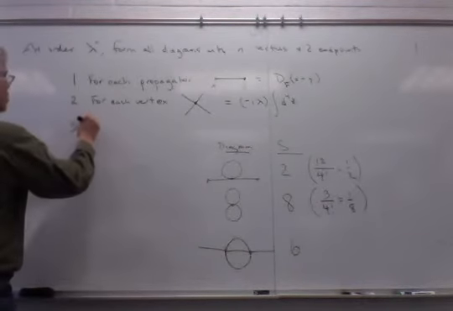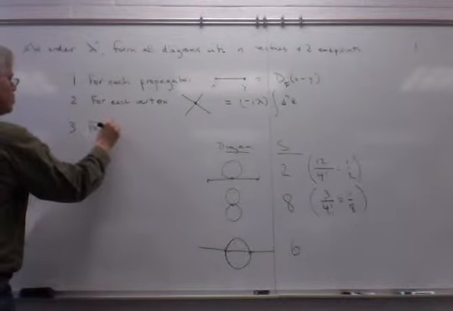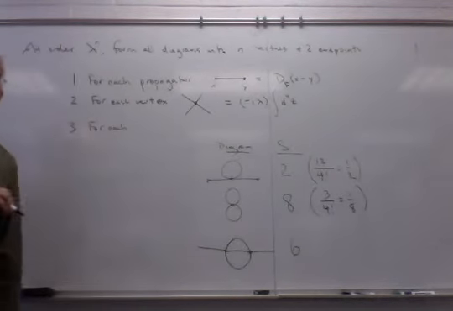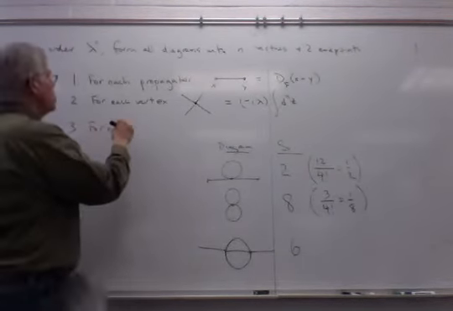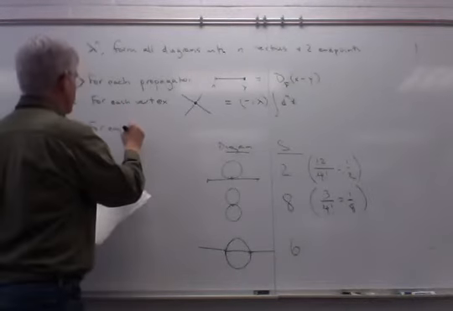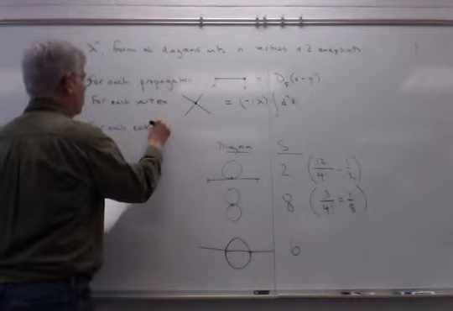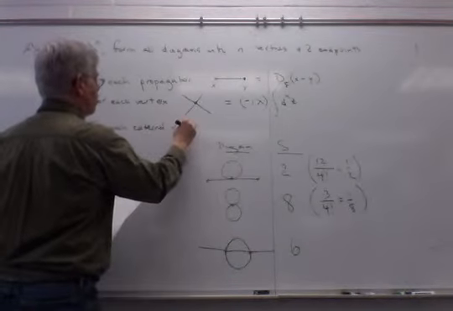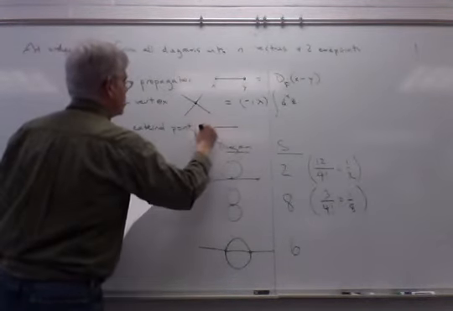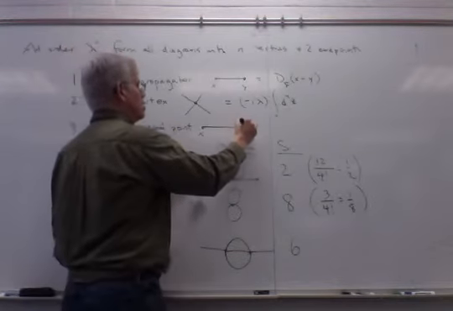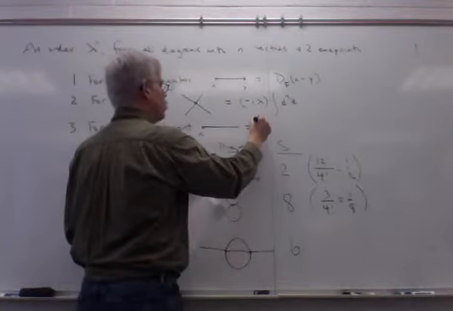For each, this is kind of a stupid rule, this third one, but we'll see that it gets generalized later. For each external point, like this, x, we associate a factor of 1.